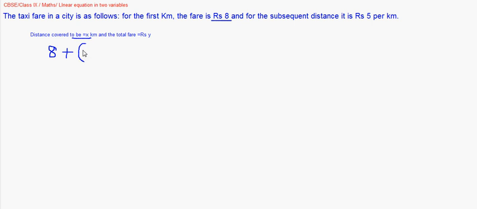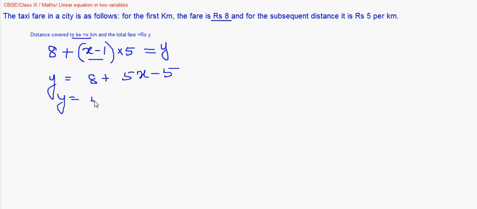Out of x, the first kilometer is already paid for with rupees 8, so the remaining distance is x minus 1, multiplied by 5, which gives the total fare y. Let us write it properly. Y will be equal to 8 plus 5x minus 5, so y is equal to 5x plus 3.